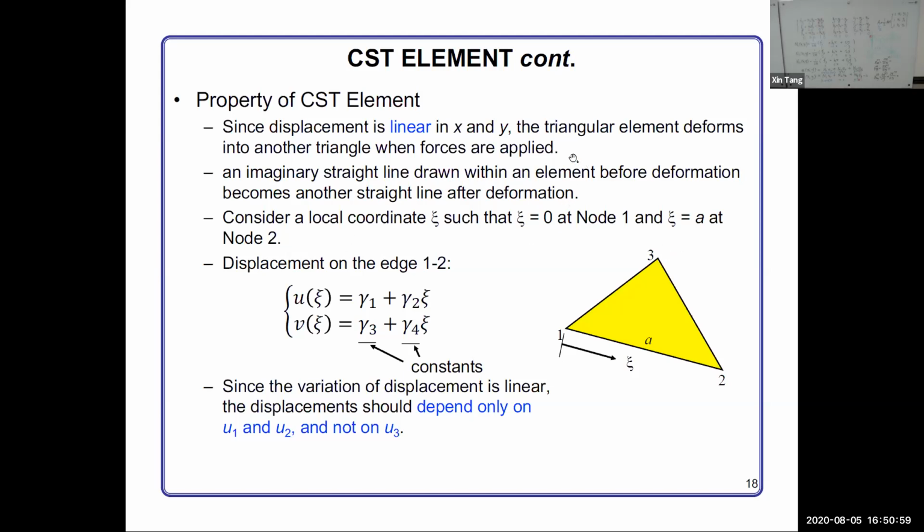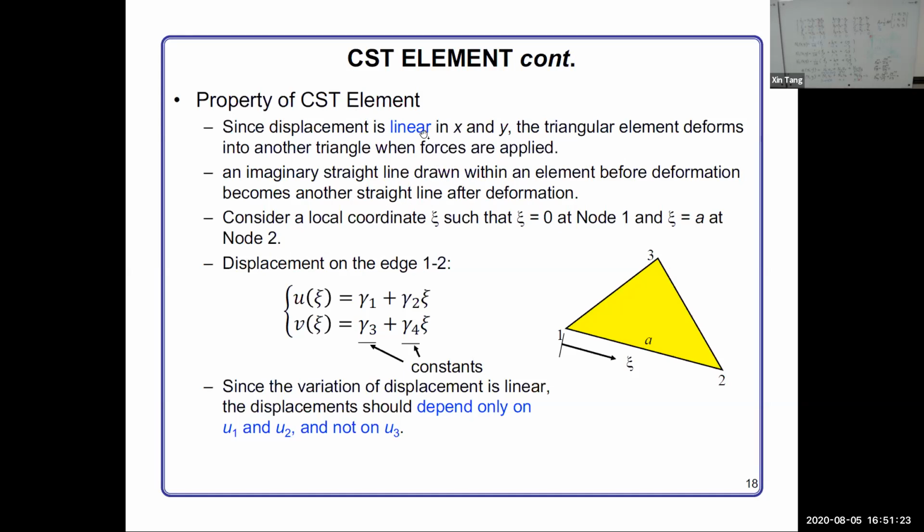Now, in this case, based on what I said, you can see the simplicity of the CST element, but you may also realize that CST elements have limitations, because in the real world, not all deformations are linear.